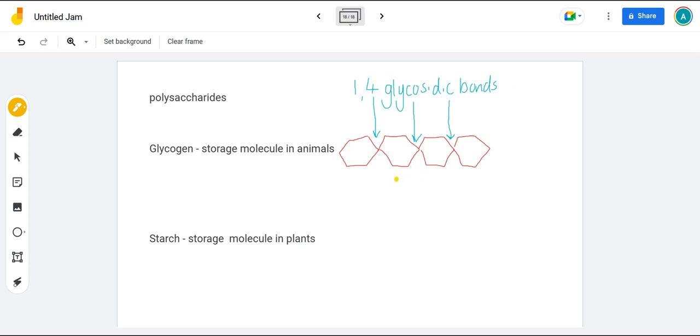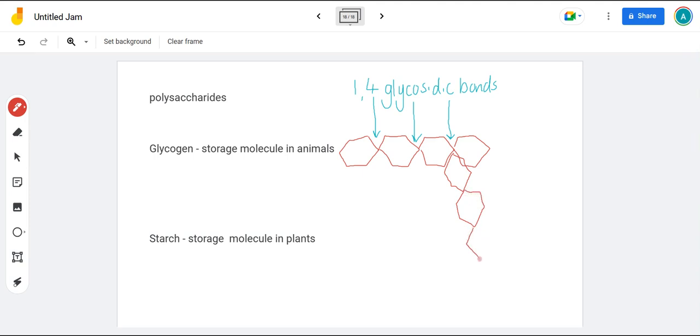Okay, so we've got 1,4 glycosidic bonds. Now, in glycogen, we've actually got some little branches. And these little branches are joined with 1,6 glycosidic bonds. Now, carbon number 6 is the one that sticks up here. Okay, so if we were to have a branch, the branch is a bit tricky to draw on my picture, I haven't left a lot of space.